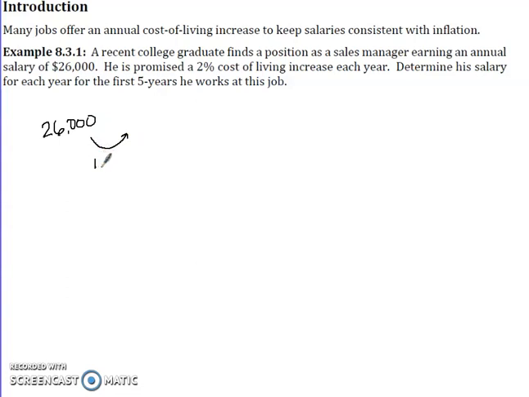So here I'm going to be multiplying by 1.02. And in doing so, I find that his salary is going to be $26,520. Then the following year we earn another 2%, so I multiply by 1.02 again, and in that third year we're now making $27,050, and here we've got some change, 40 cents.